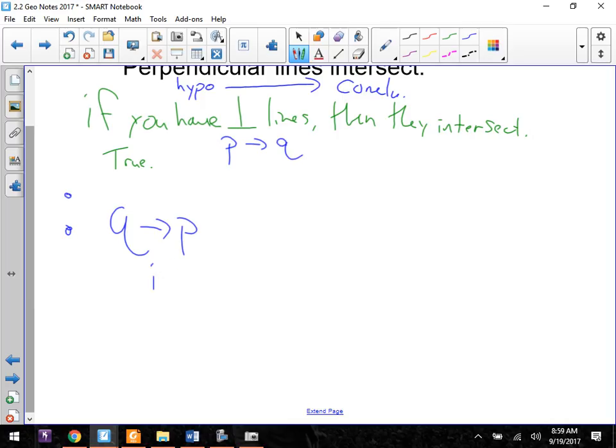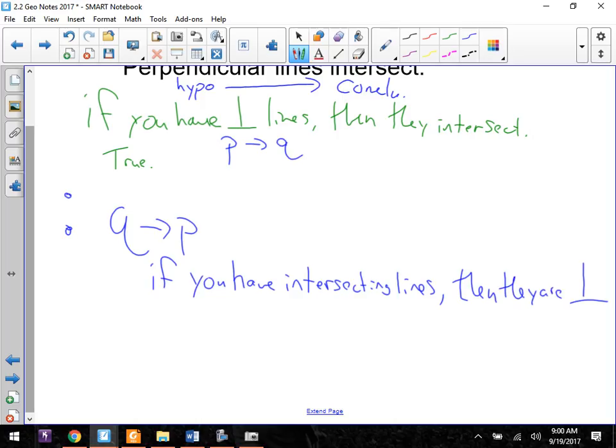I can say if you have intersecting lines, then they are perpendicular. Is that true or false? It's false, because when lines intersect, do they have to be perpendicular?